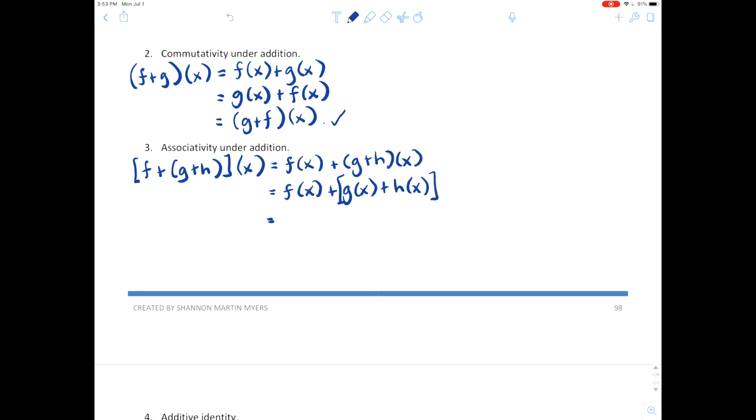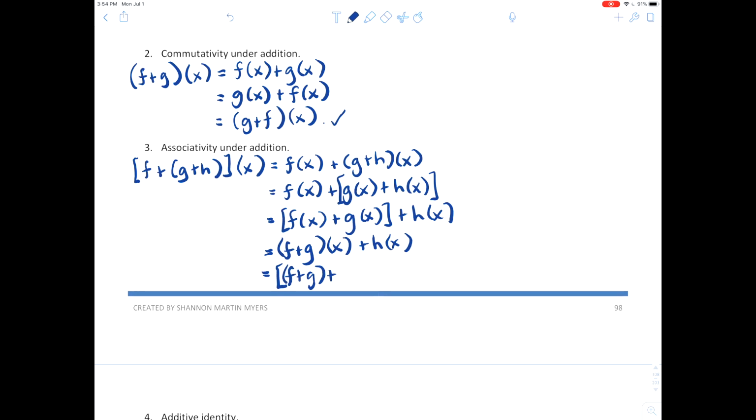Now, using the associativity property, we would then have f at x plus g at x, and then plus h at x. And then what? Awesome. This would give us f plus g at x plus h at x, which in turn is f plus g plus h all at x. So we've got associativity under addition.